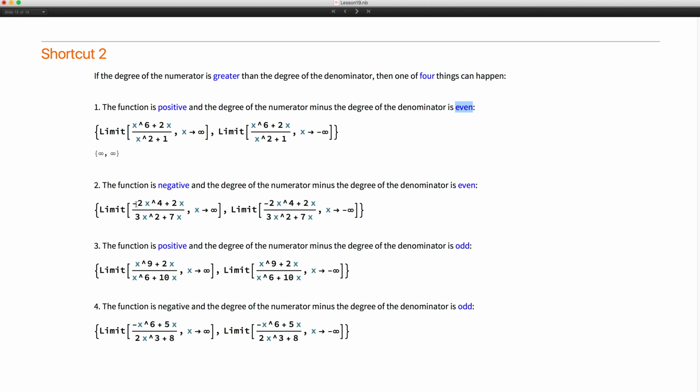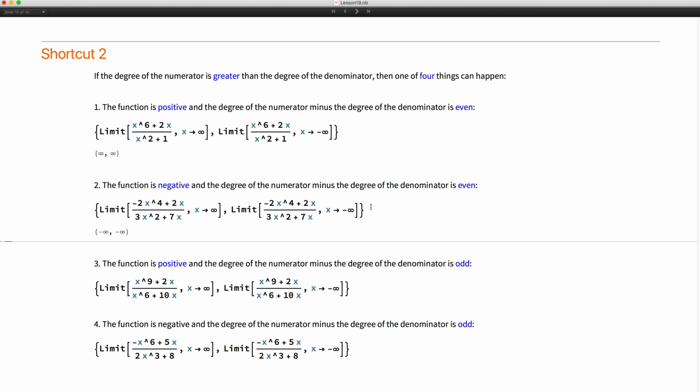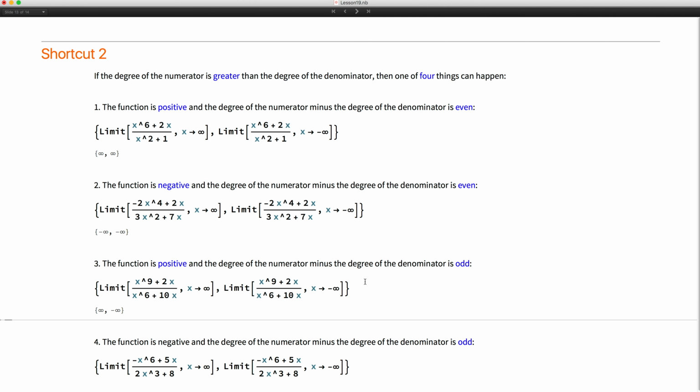If, on the other hand, you have a negative expression at infinity, negative 2/3 roughly over here and negative 2/3 roughly over there, then the answer for both the limits will be negative infinity. Now, on the other hand, if you have an odd difference for the degrees and the function is positive for large values, then you see that the degree will affect the answer in the sense that you have infinity at infinity and negative infinity at negative infinity.